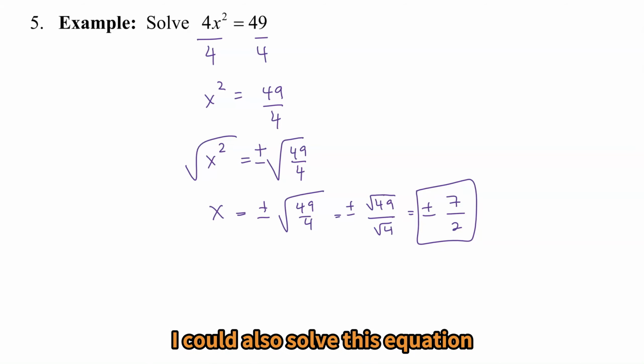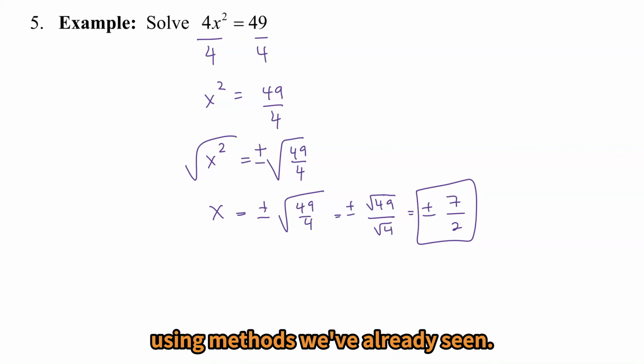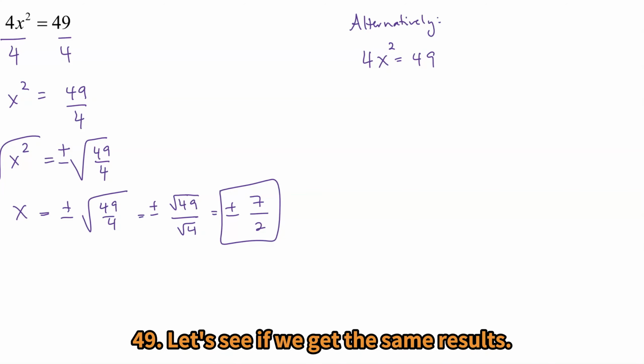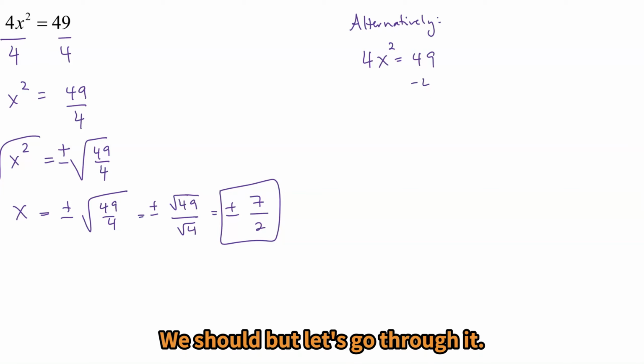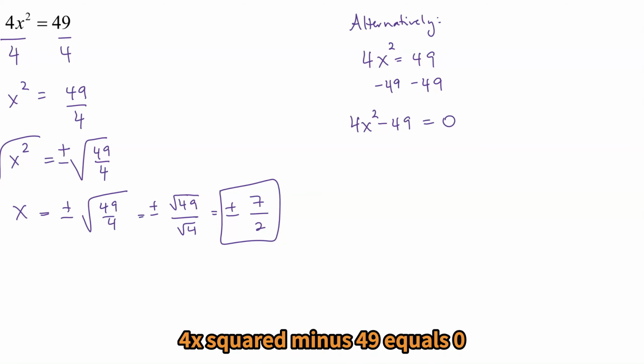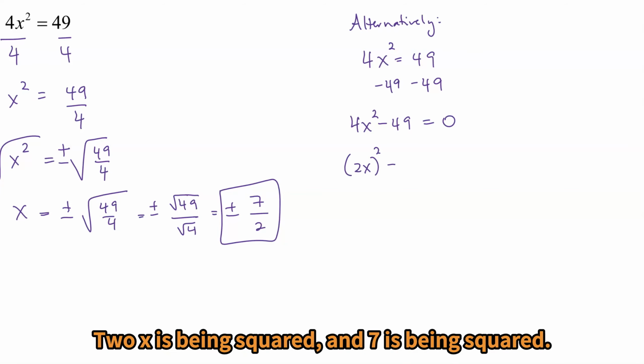I could also solve this equation using methods we've already seen. We can solve this using factoring. 4x squared equals 49. Let's see if we get the same results. We should, but let's go through it. I need to get it equal to 0 first. 4x squared minus 49 equals 0. This is a difference of squares. 2x is being squared and 7 is being squared.